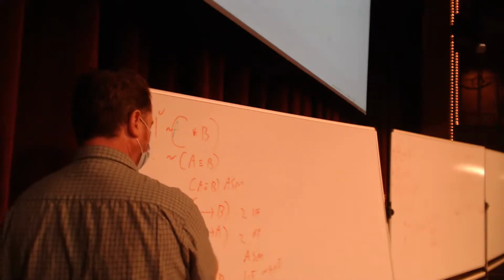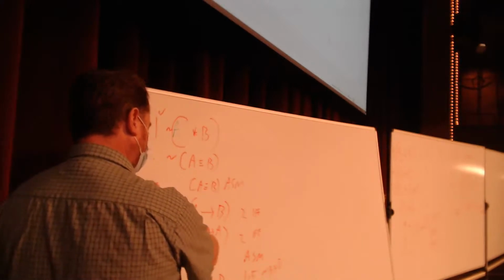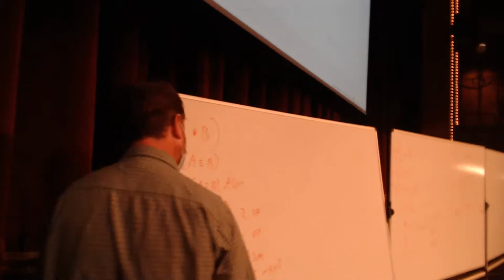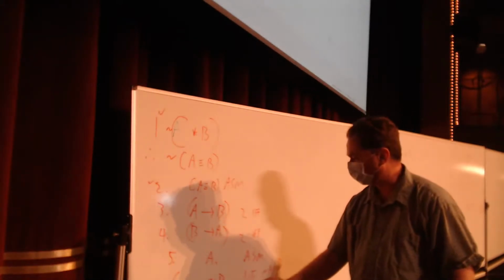Then this is rather weird because I do have to do an inference with 3 or 4 because they're not broken. I'm going to plug that A into 3, and I'm going to get B, from 3 and 5.